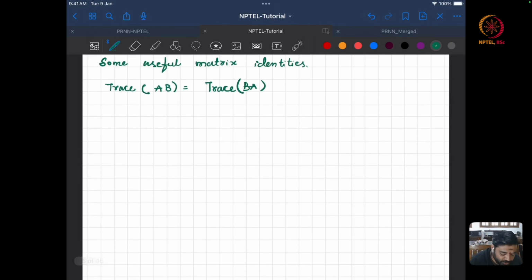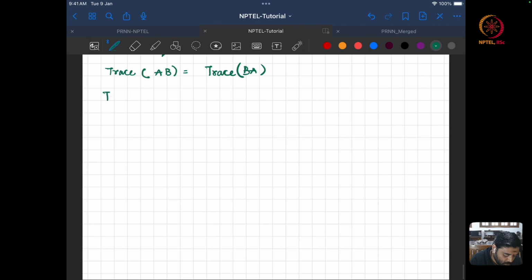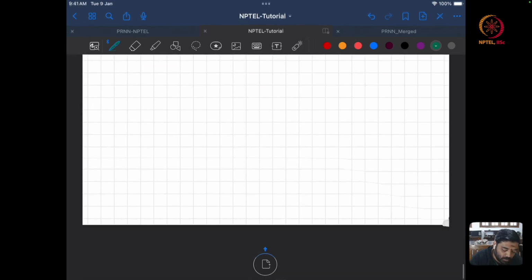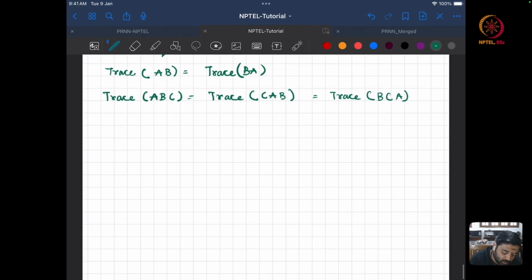Then trace of ABC equals trace of CAB equals trace of BCA. These are all standard matrix identities.